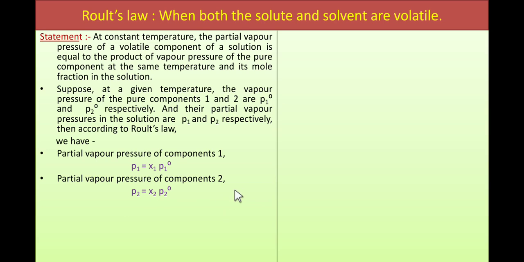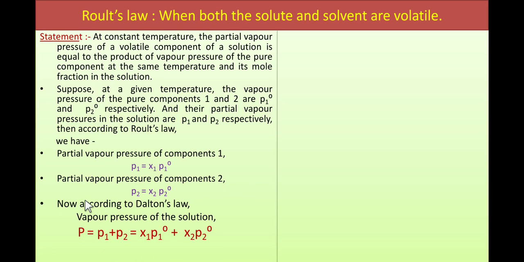Now, according to Dalton's law, we know that the total pressure of a gaseous mixture is equal to the sum of the partial pressures of the components, that is P, the total vapor pressure of the solution, equals the partial pressure of component 1 plus the partial pressure of component 2 in the solution, which in turn equals x1 times P1 naught plus x2 times P2 naught.